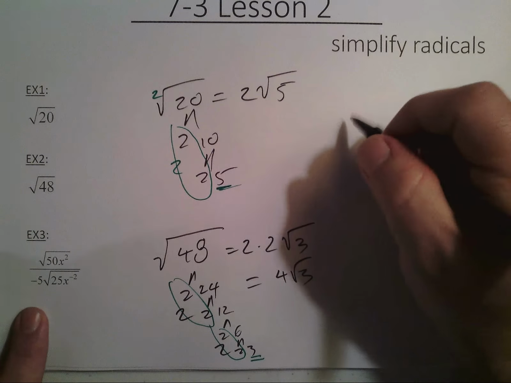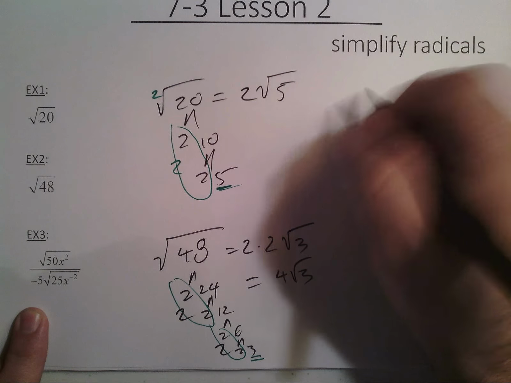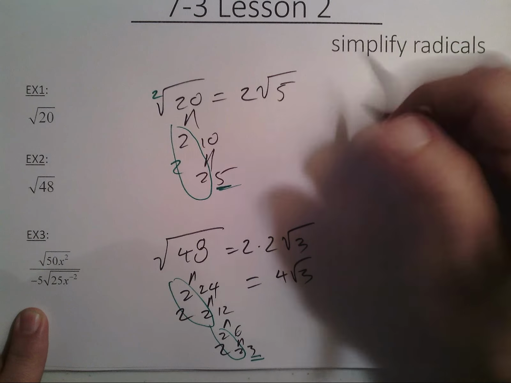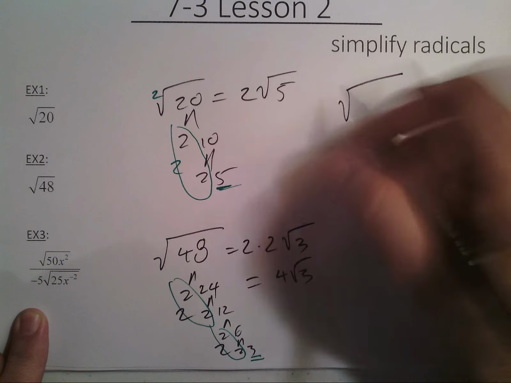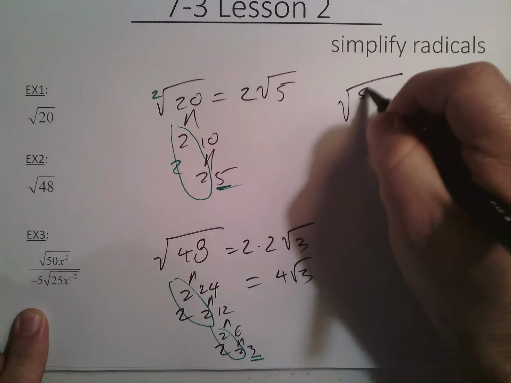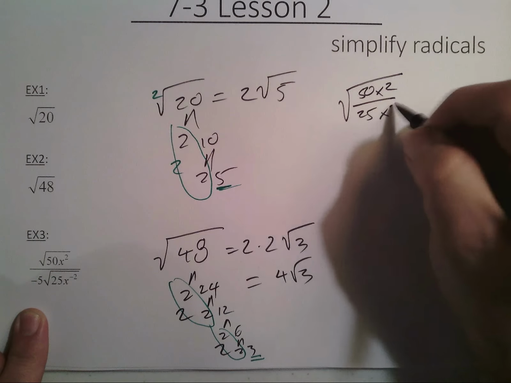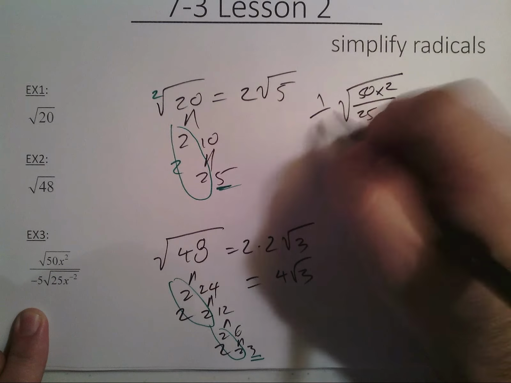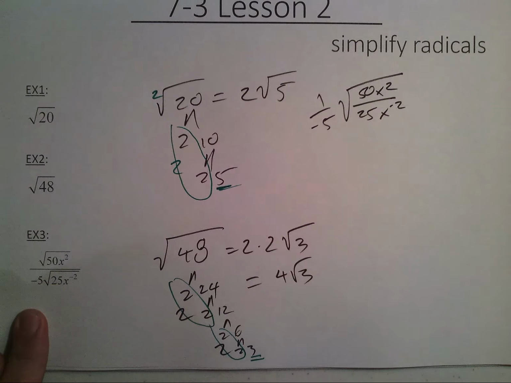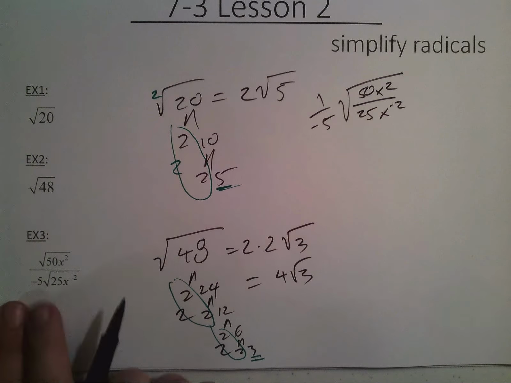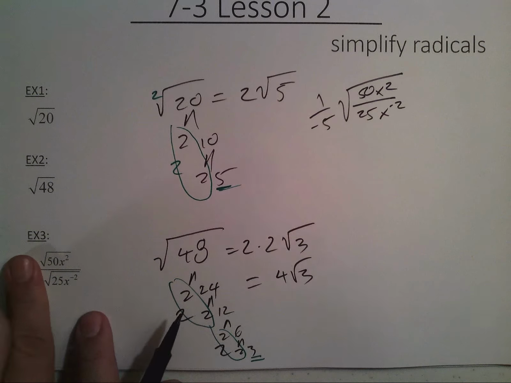So, I'm going to write this as the square root of 50 x squared over 25 x to the negative 2, and on the outside I have 1 over negative 5. I'm just going to leave that there for now.